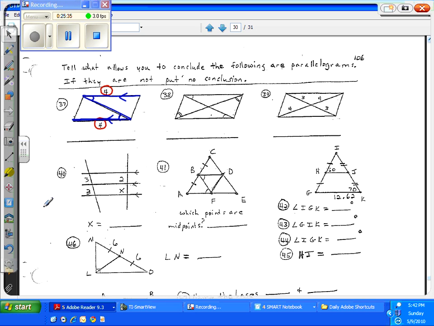That now gives me one pair of opposite sides, both equal and parallel, so we can say that it is a parallelogram because one pair, I'm going to abbreviate, of opposite sides is both equal and parallel. One pair of opposite sides is both equal and parallel.